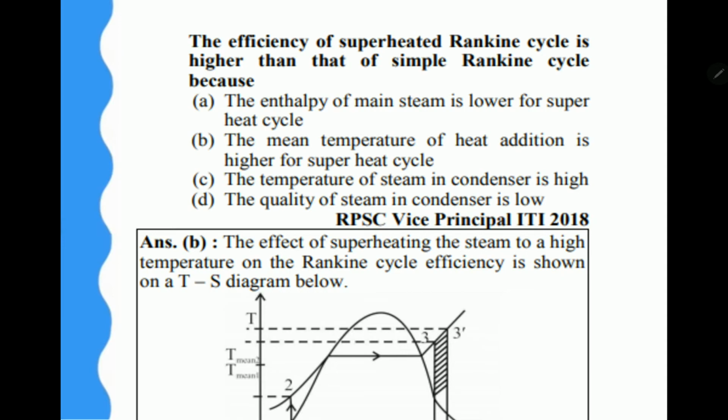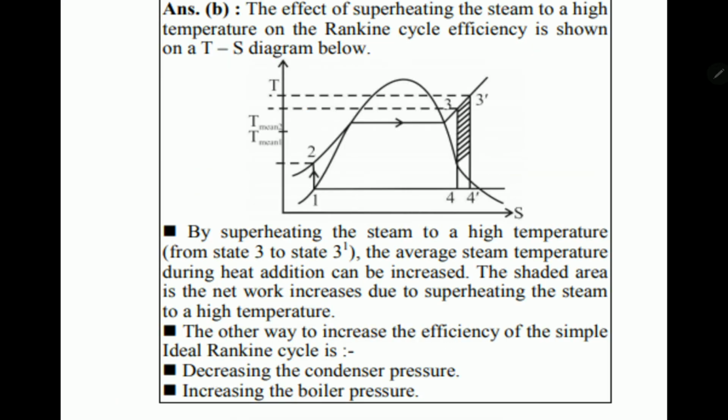Well, in this question, the efficiency of the superheated Rankine cycle is higher than that of the simple Rankine cycle because the mean temperature of heat addition is higher for the superheated cycle. Let's check in the diagram. As we can see in this TS diagram, over here process 3 to process 4 indicates the simple Rankine cycle and process 3' to 4' indicates the superheated Rankine cycle.